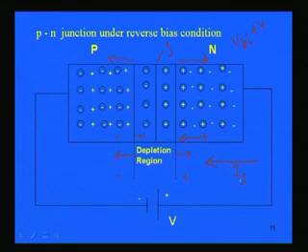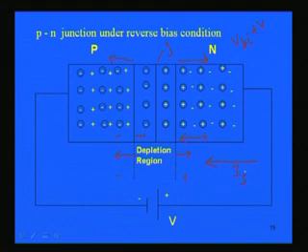Is is the reverse saturation current that will flow in this direction, which is opposite to the forward biased current. But its order is very small, as we know the minority carrier concentration is very less.